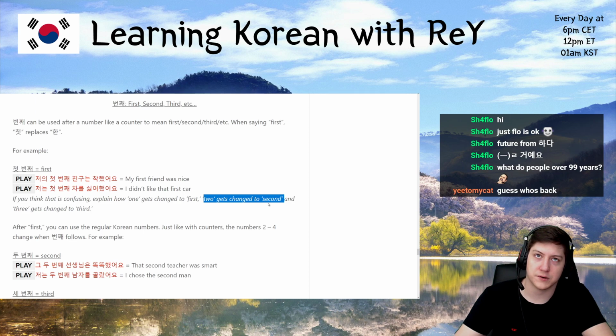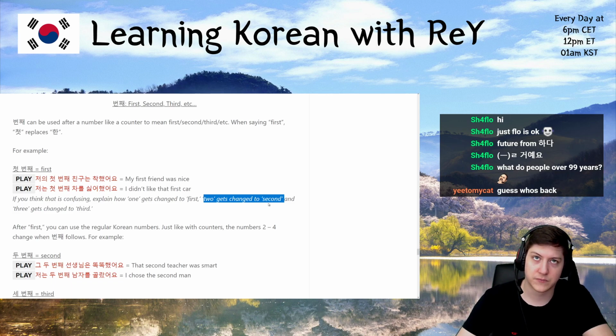If you think that's confusing, explain how 1 gets changed to first, 2 gets changed to second. It's completely the same in English. You just change the numbers to different words if you want to say what place or rank they are. It's the same in German as well, but in German I have to say it's a lot closer. The number 1 is still pretty different, but for the number 2, which is zwei in German, you have zweite for the second.